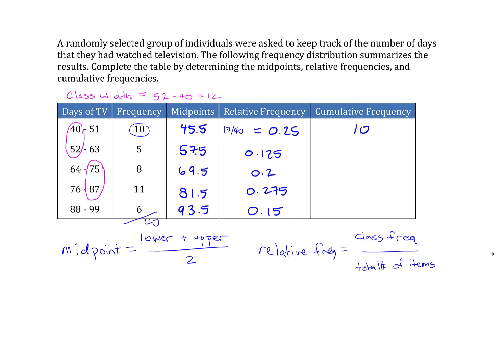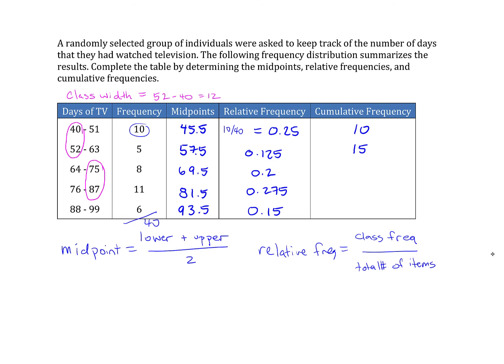So we just start there. We take this 10, move it over, and that's my first cumulative frequency. My total so far is 10. Now I add to that the next class frequency. 10 plus 5 is 15. So that's my next cumulative frequency. I'm allowing these to accumulate.